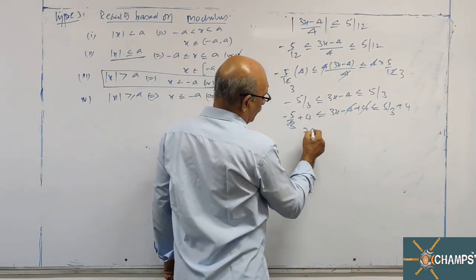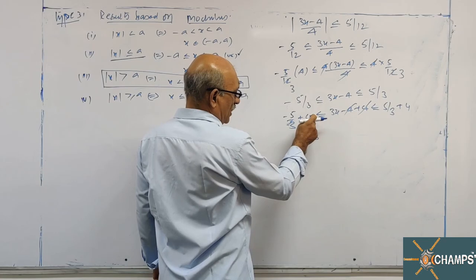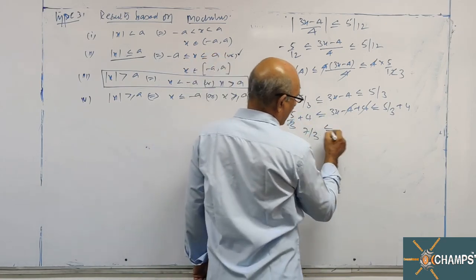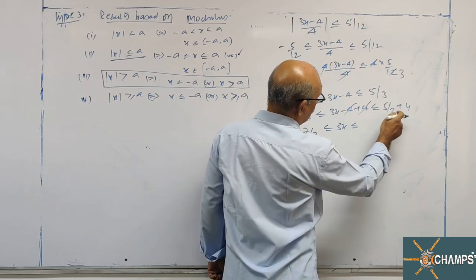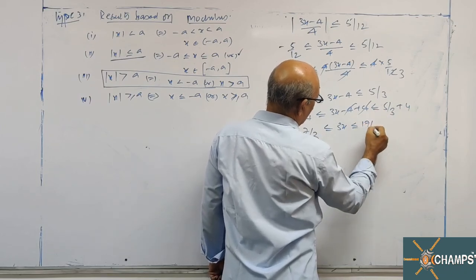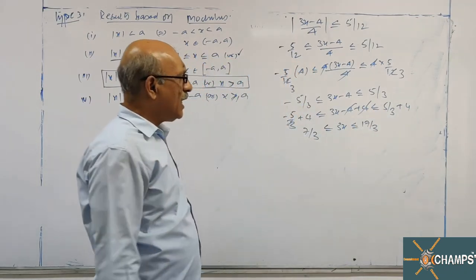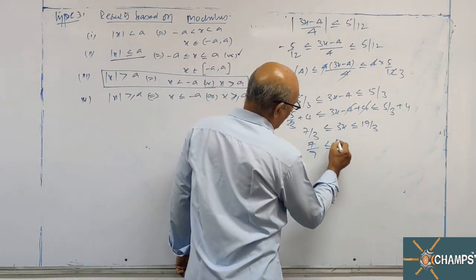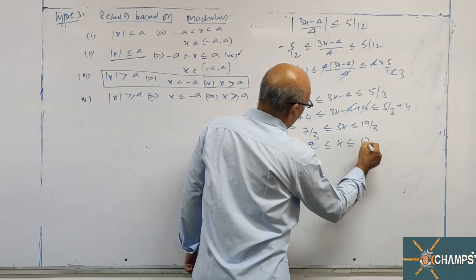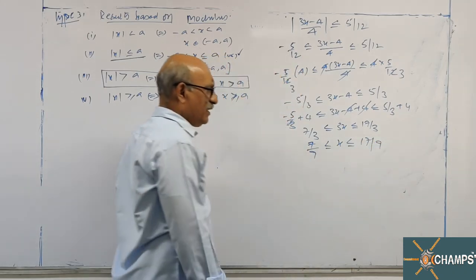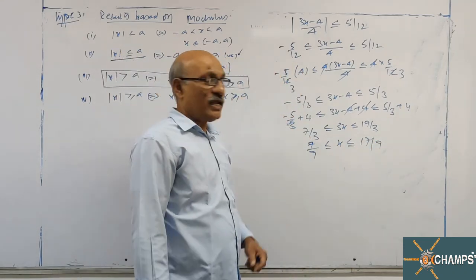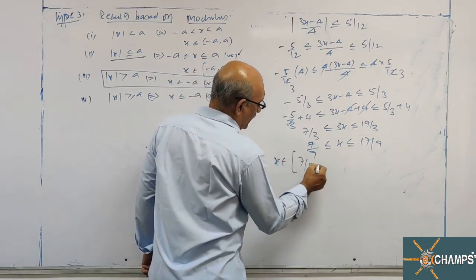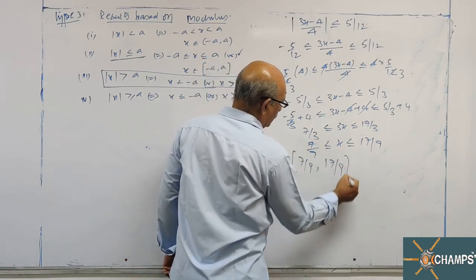When I take the LCM, 3 fours are 12, 12 minus 5, 7 by 3. This is 12 plus 5, 17 by 3. Next, dividing by 3: 7 by 9 is less than or equal to x, and x is less than or equal to 17 by 9. The equal to sign is there, both are included. Therefore, x belongs to [7/9, 17/9].